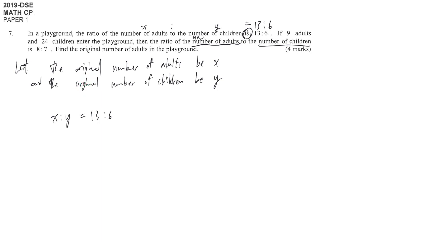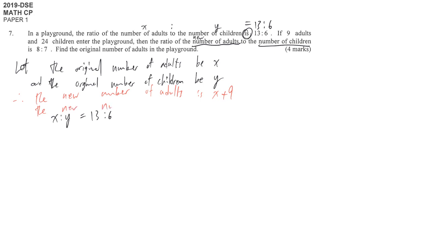So that means the new number of adults is equal to x, and then we get an extra 9 adults entering the playground. So x plus 9.